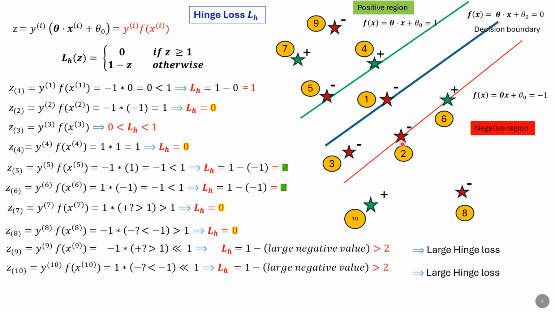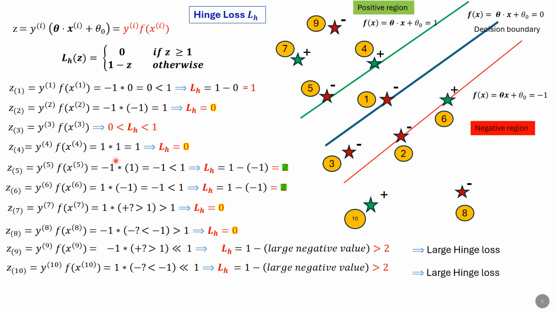Therefore, we can assume hinge loss for this third one should be something between 0 and 1. So hinge loss is greater than 0 and less than 1. Since we don't know the exact value of f of x here, we cannot compute the exact hinge loss. For the fourth one, positive label and positive margin.